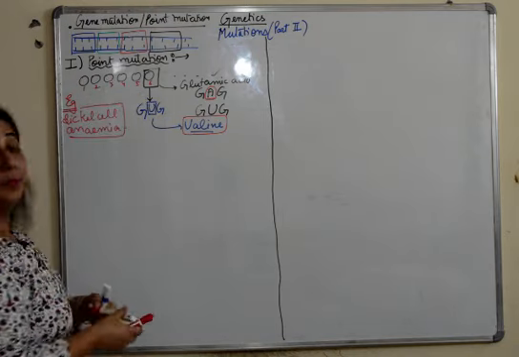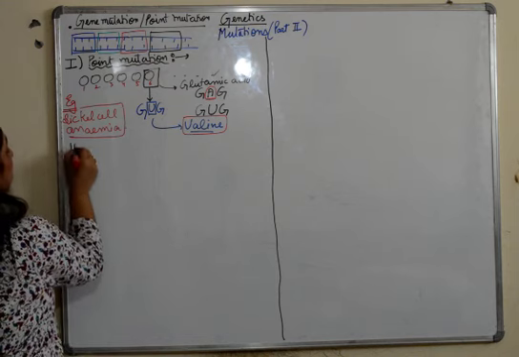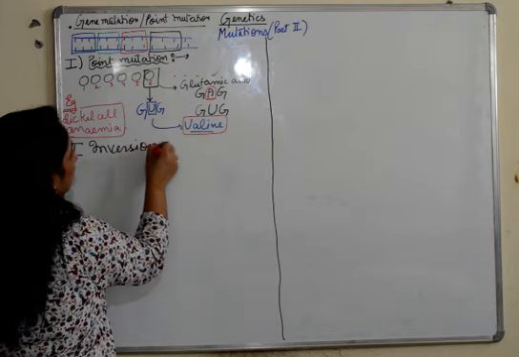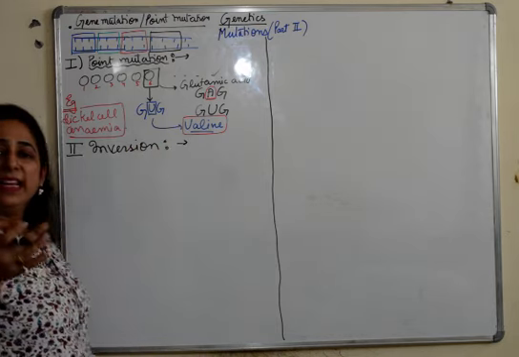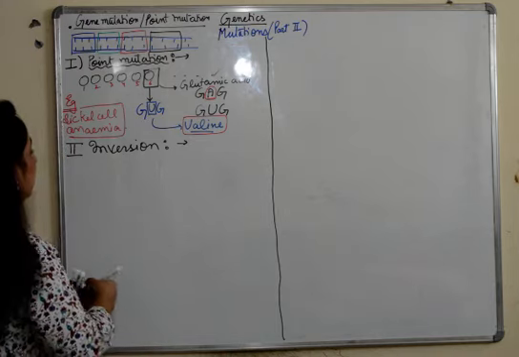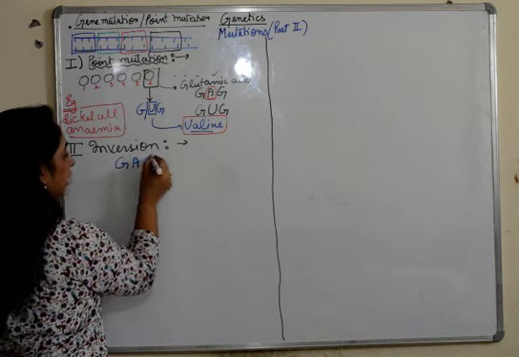The second type of gene mutation is inversion. Now inversion, the name itself is suggesting flip. We have done it in chromosomal also in the previous video. I'll take the same example. Suppose this is GAG.